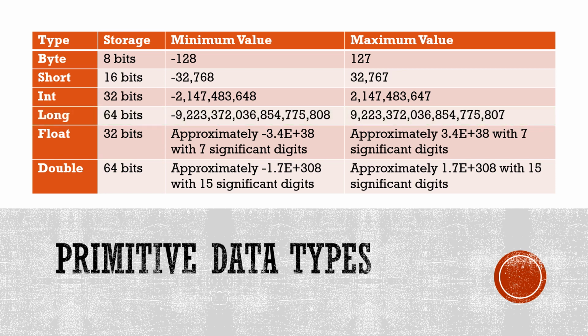Next are the two floating point data types, float and double. We haven't discussed really what a float is, so a float is a numerical value that is preceded by a decimal, such as 9.5 or 12.34. A float will hold 7 significant places, which are the values on the right side of the decimal, while a double will hold 15 significant places.